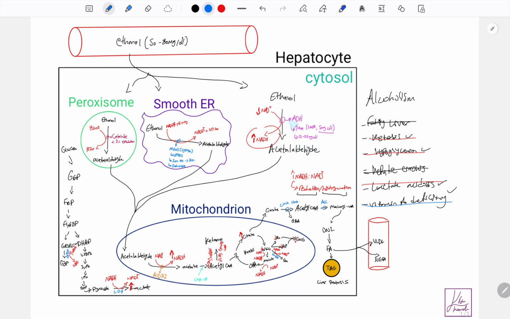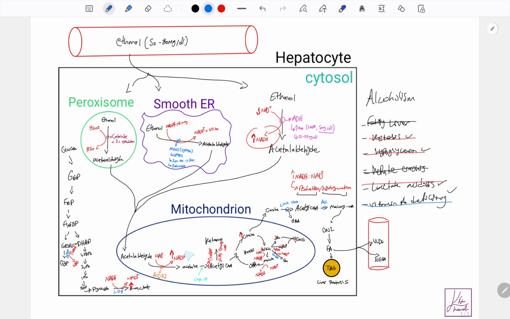Thus, when it gets saturated, it can no longer form acetaldehyde to put into the mitochondrion. The ethanol will shuttle into this MEOS pathway, right? And will form the acetaldehyde, and they will go into the mitochondrion, which will be turned into acetate using the enzyme aldehyde dehydrogenase type 2, which produces a lot of NADH.